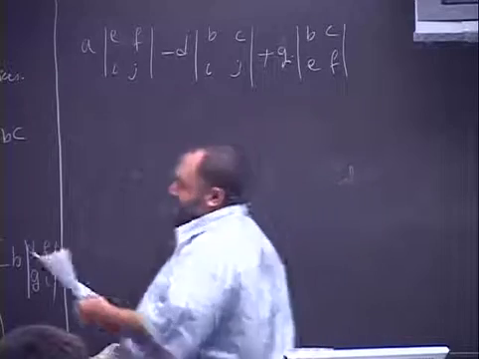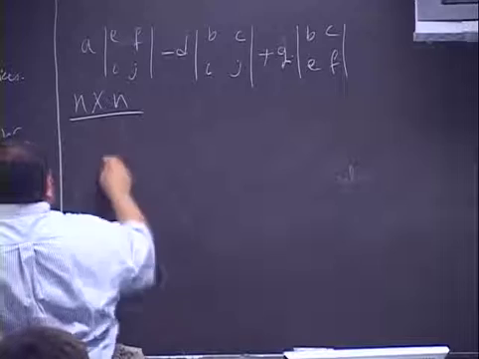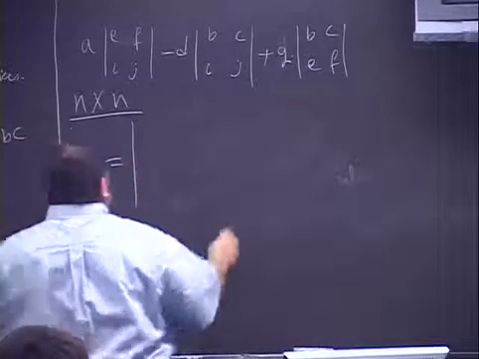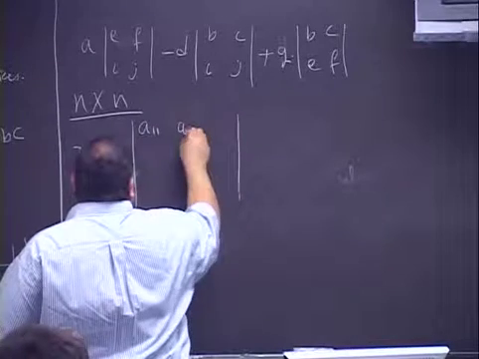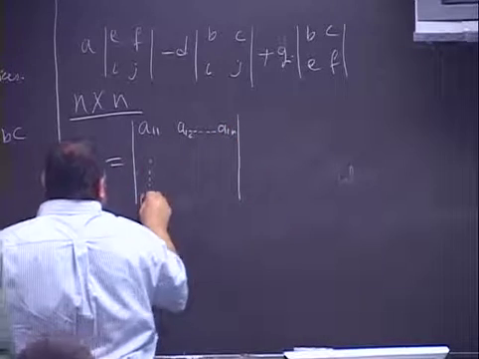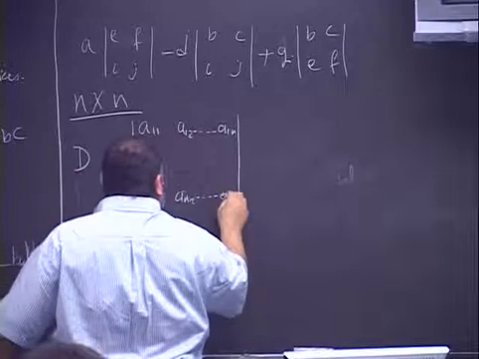So what if we have an n by n matrix? The determinant in this case would be A11, A12, up to A1n, and so on down to AN1, AN2, ANN.